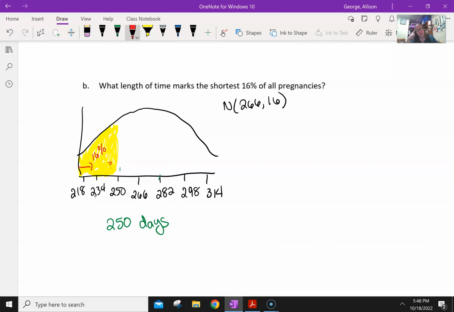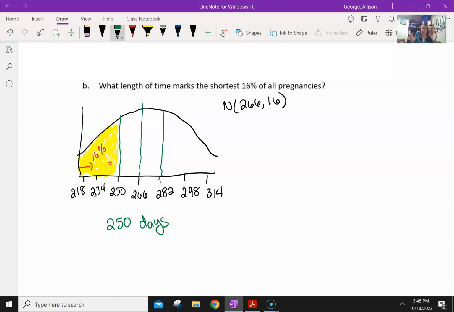But if we think back, 16% was what we had on either side of 1 standard deviation. So if 266 is my mean, 1 standard deviation on either side would give us 68%. So if we're just finding the shortest 16%, we know that has to be at 1 standard deviation below the mean, which is our 250 days.